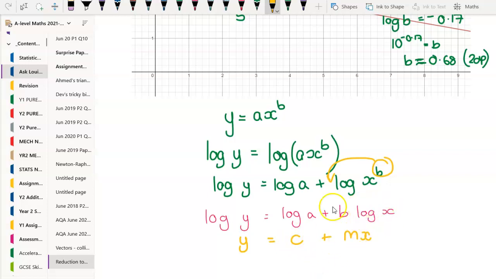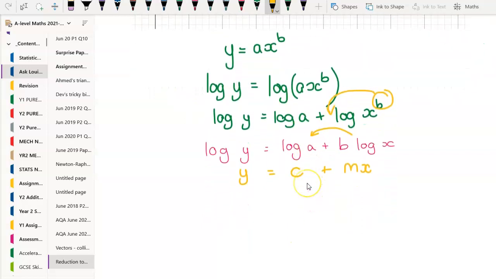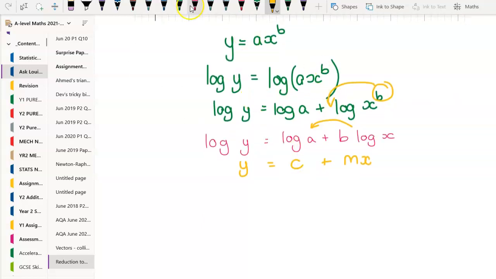because the x term's over here, but if you wanted to you could move that over there so it's in the right place for you. Either way, this time your x-axis would be log x, your y-axis would be log y.